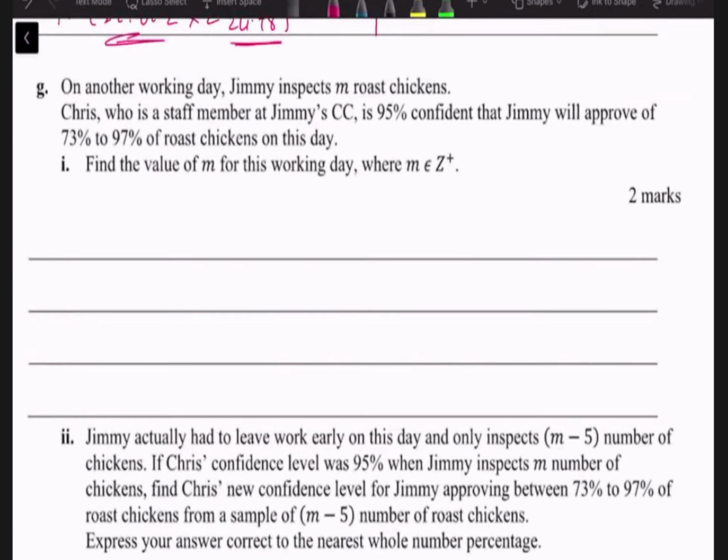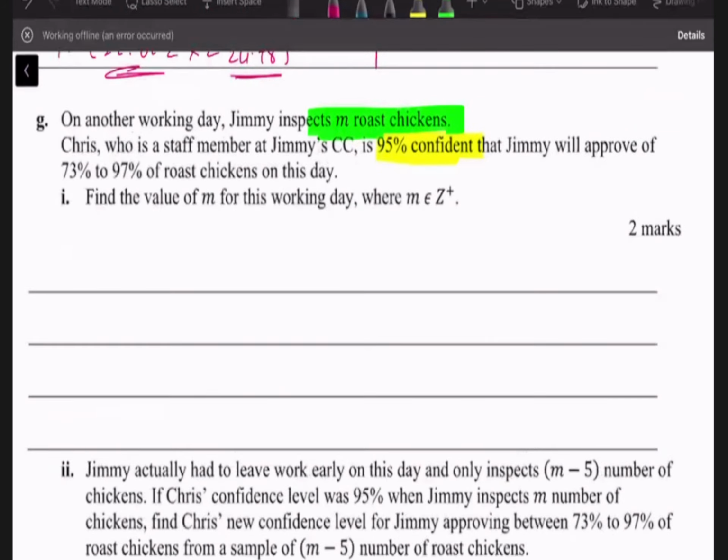So now we're at another working day. There's m roast chicken, so that's the sample size. Now it's been removed, we don't know what it is. And there's a 95% confidence interval, we can assume, that Jimmy will approve of 73 to 97% of chickens that day.